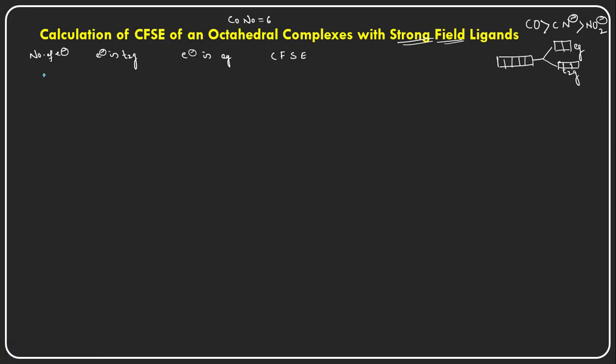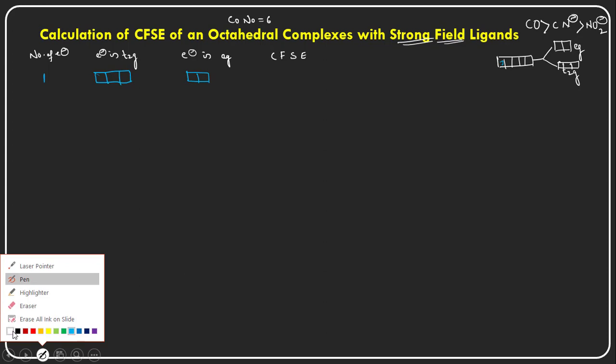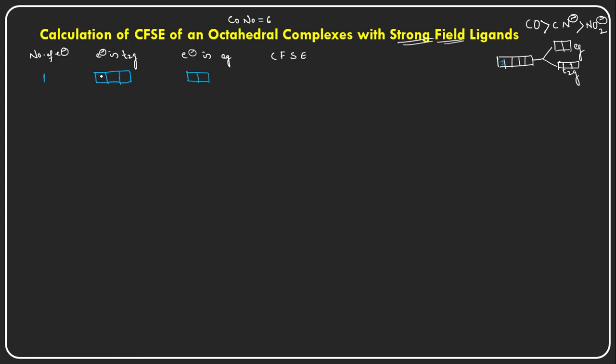So if the number of electrons is 1, where will this one electron enter? This electron will enter into the t2g orbital. So for better understanding, I am writing it this way, with the eg orbitals, and one electron will be there.